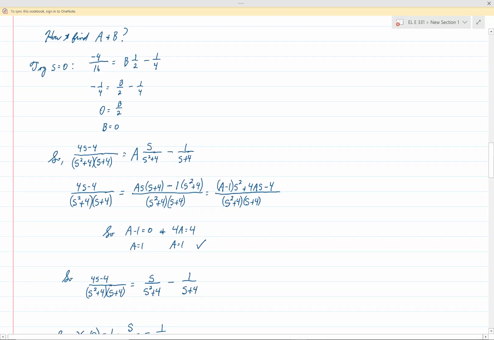Now again, at this point, there are different ways that you could find a. One way would be to substitute in s equals maybe 1 on each side.